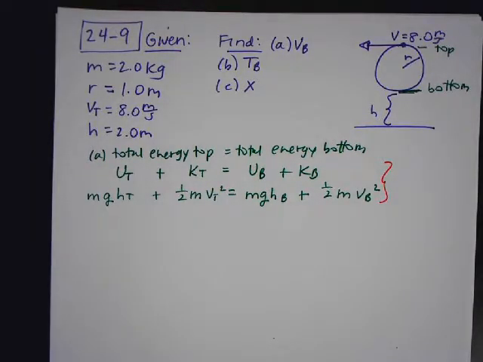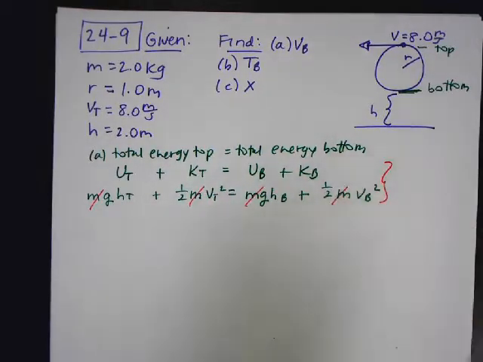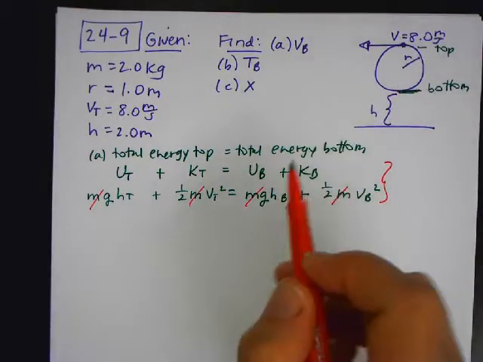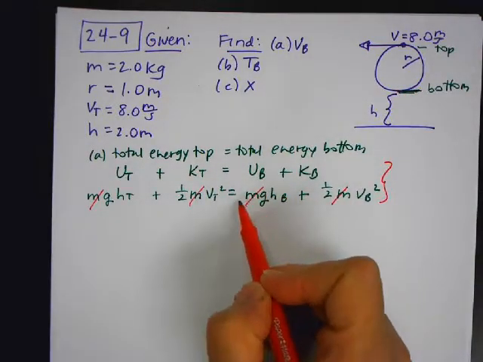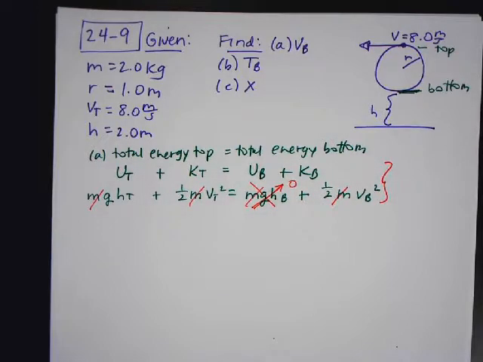Now, what's 0? Well, first of all, I can cancel the masses. And then, if this is my frame of reference, the potential energy at the bottom is 0 because that height is 0. So that disappears. Now what I like to do is rearrange the equation to solve for the unknown in terms of the known so I don't make a mistake.